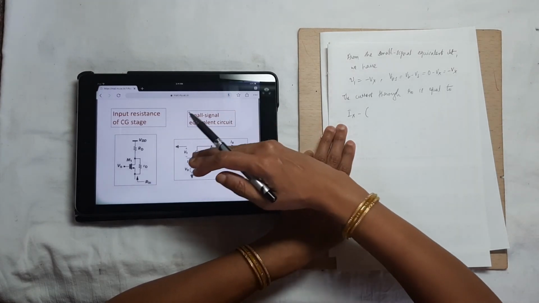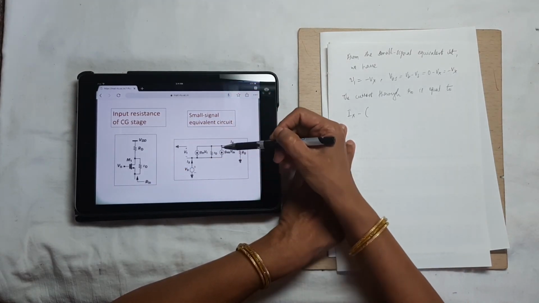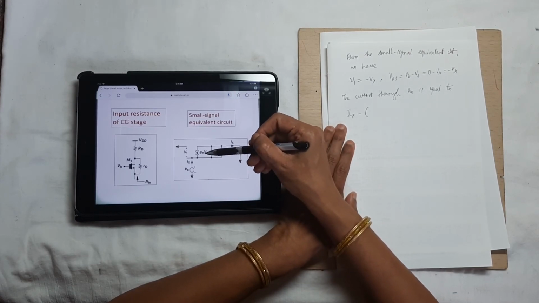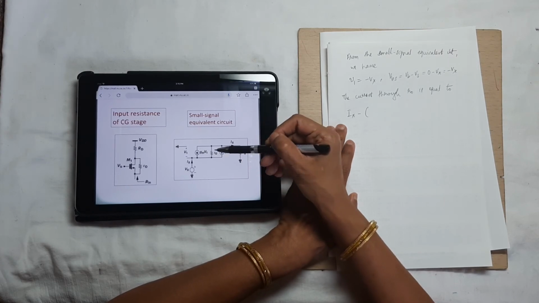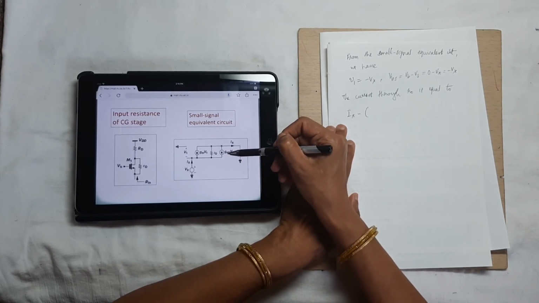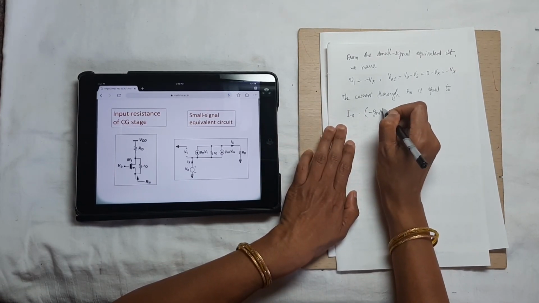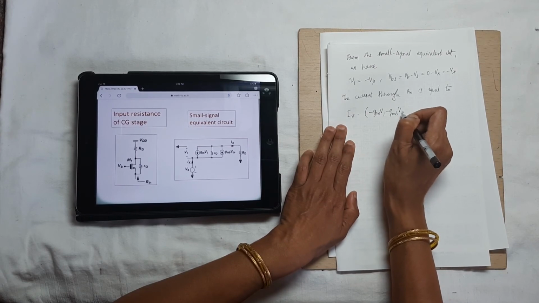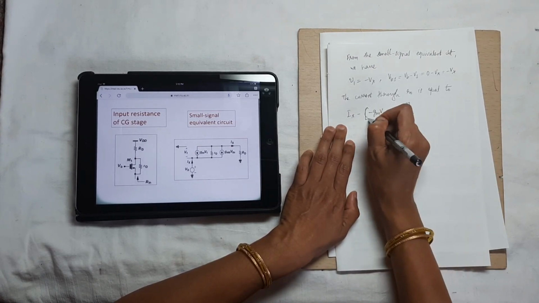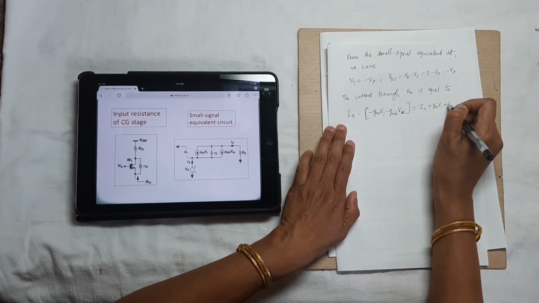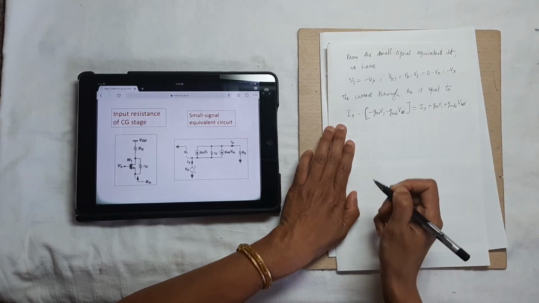So we flip these current sources upwards, and the polarity of gm V1 becomes minus. When you flip this, the value will be minus gm V1, and again minus gmb VBS. That we can write as Ix plus gm V1 plus gmb VBS.